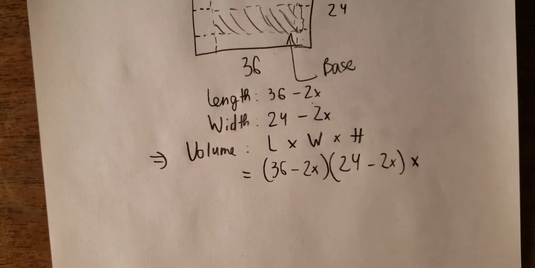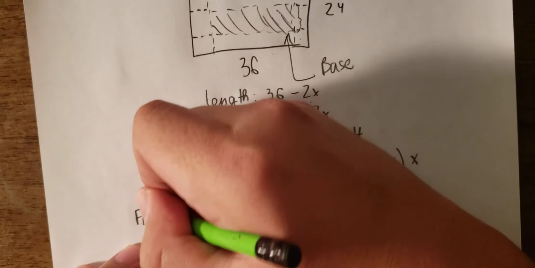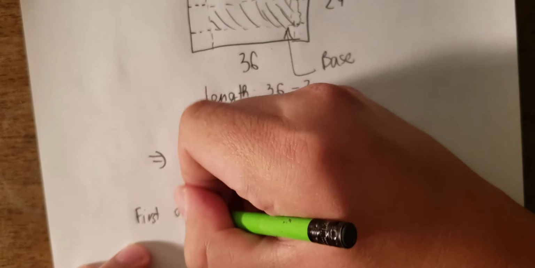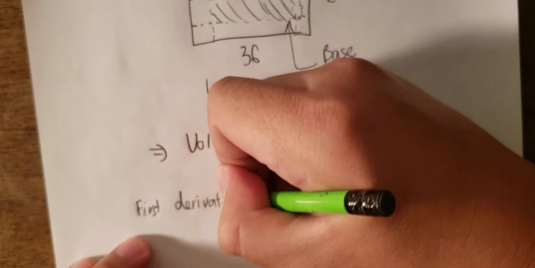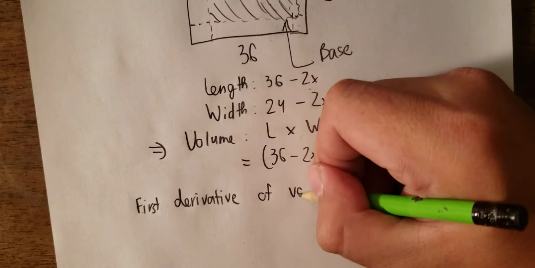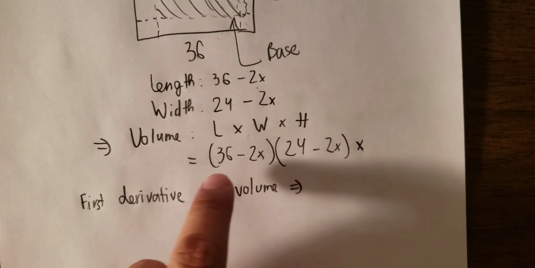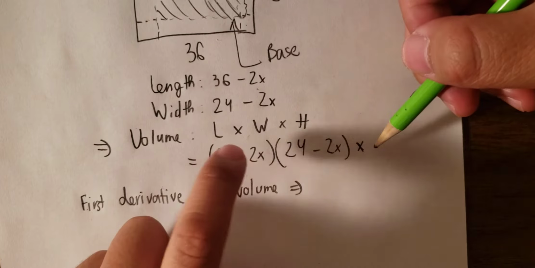To find the maximum volume, we will do the first derivative of volume. So we will do the first derivative of this function.